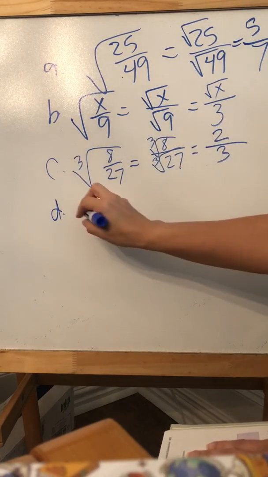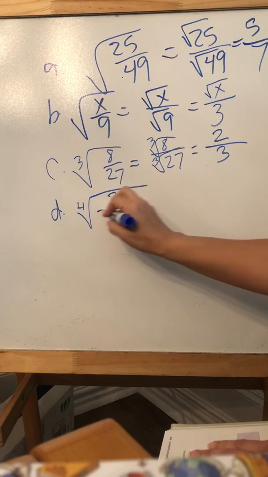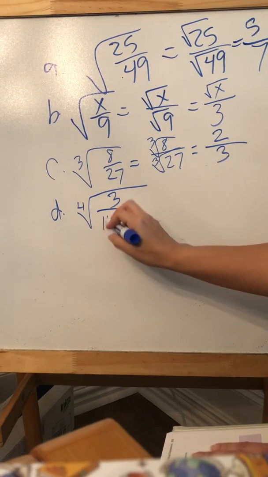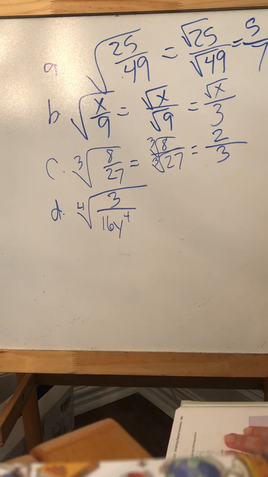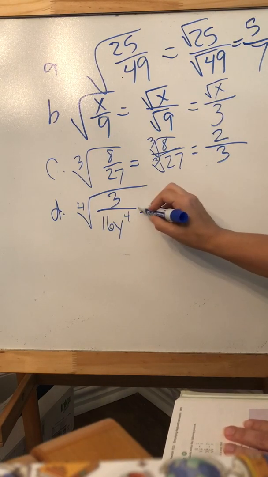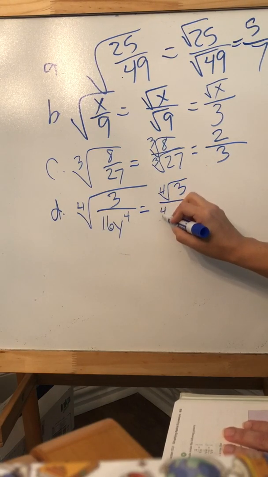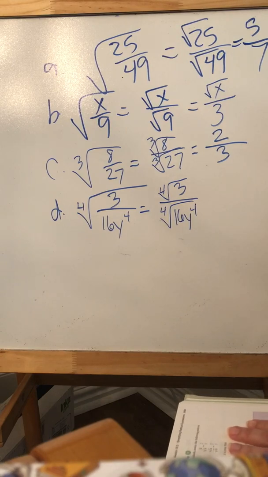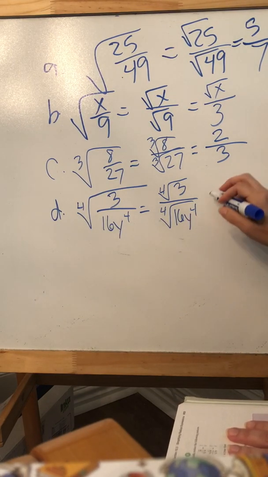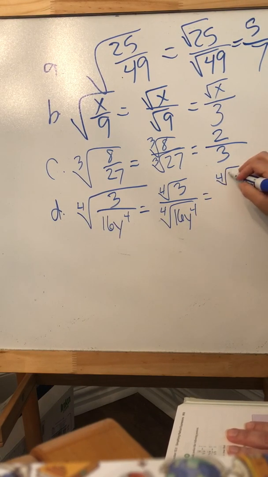And our last one, example D, is the 4th root of 3 over 16y to the 4th. So this one can be simplified as the fourth root of 3 over the fourth root of 16y to the fourth. Then you can simplify it again. The top can't be simplified, so that just carries over.